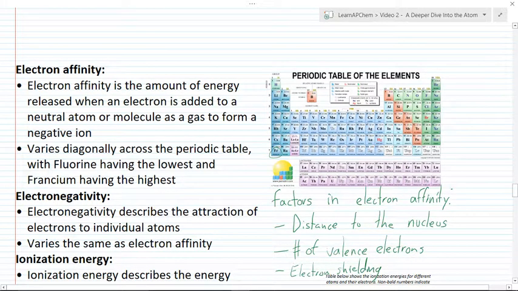As we go across, that changes until we get to helium, which has a full octet, so it doesn't want to lose any, and its electrons are also very close to the nucleus.